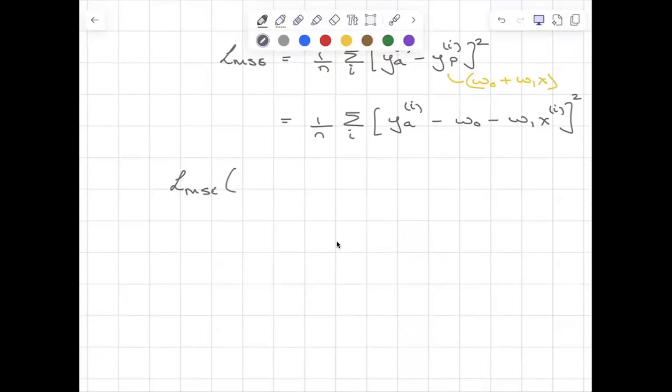A function has inputs. What are the inputs out here? The X value and the Y actual value. What else?